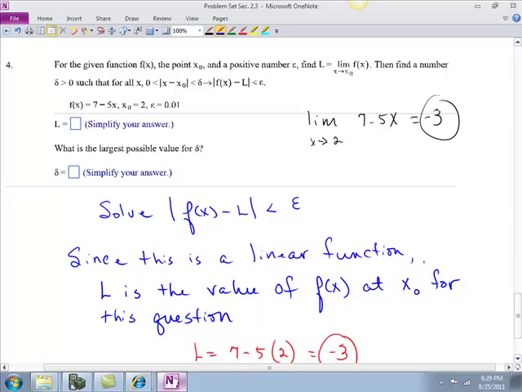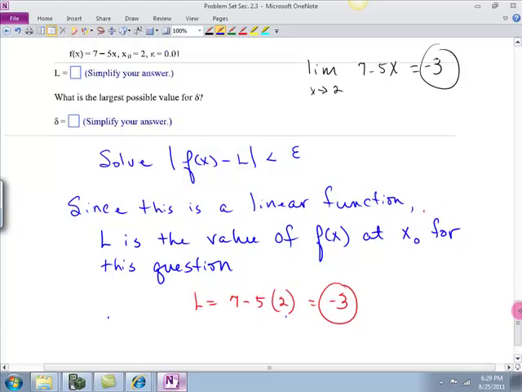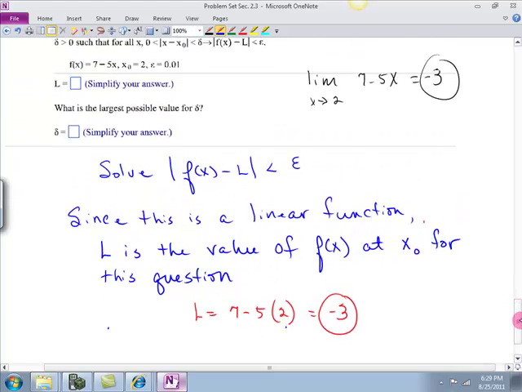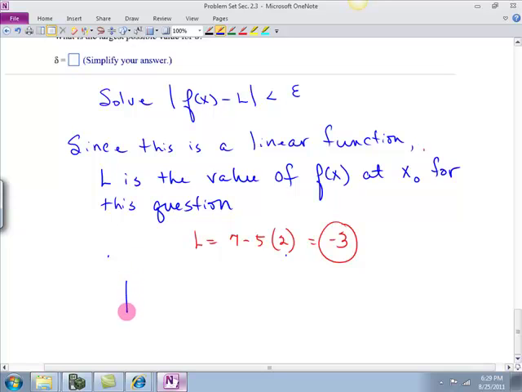So when you go to do this problem then, what do you set it up as? 7 minus 5x minus negative 3. So you're going to have absolute value of 7 minus 5x minus a negative 3 less than 0.01, because that was what you were given.